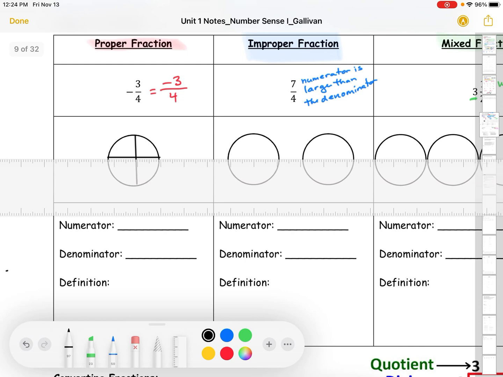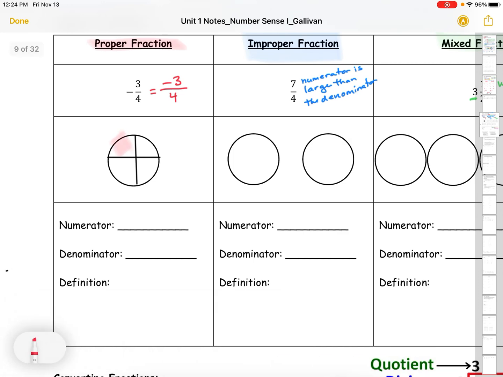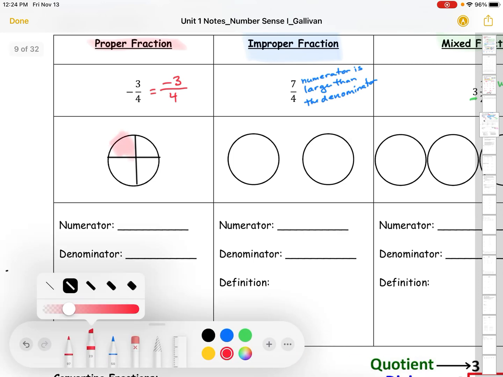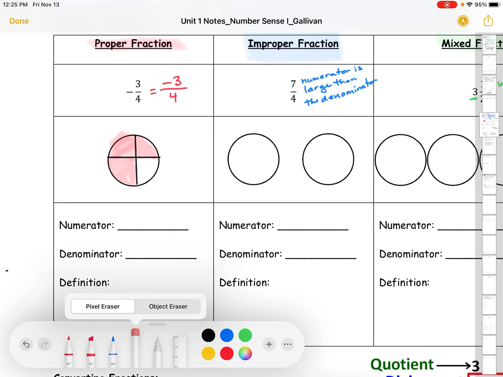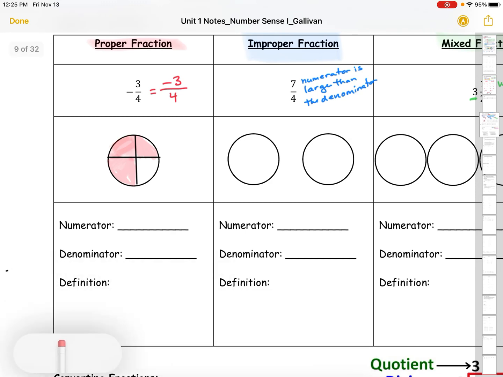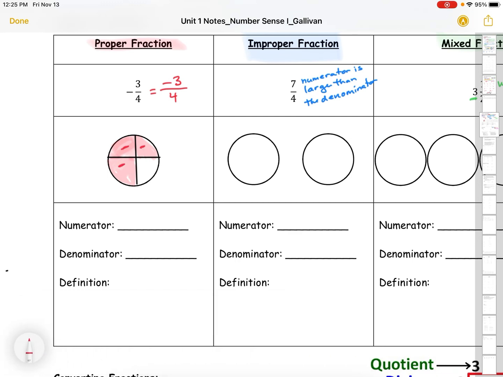Hopefully I'll do better in class. Okay, so I have a circle. It's cut into 4 pieces. Now this says I have negative 3 of them. So basically, 3 are shaded in. In this case, we would say that this would be like a negative, negative, negative, right? Just because it's a negative 3/4.